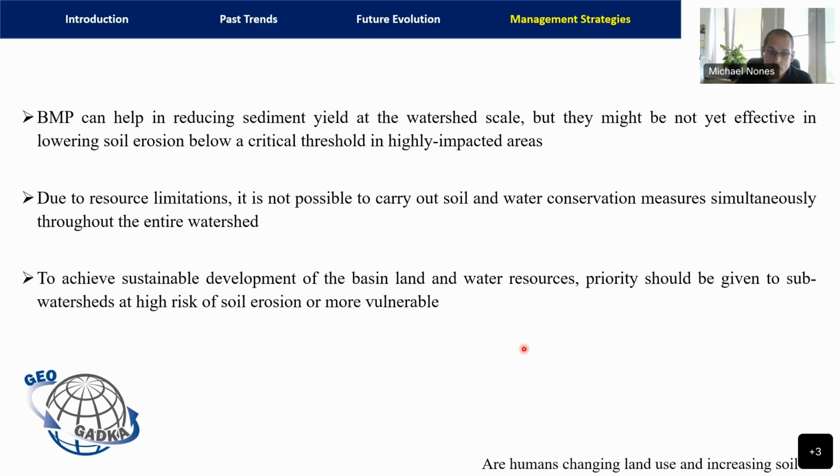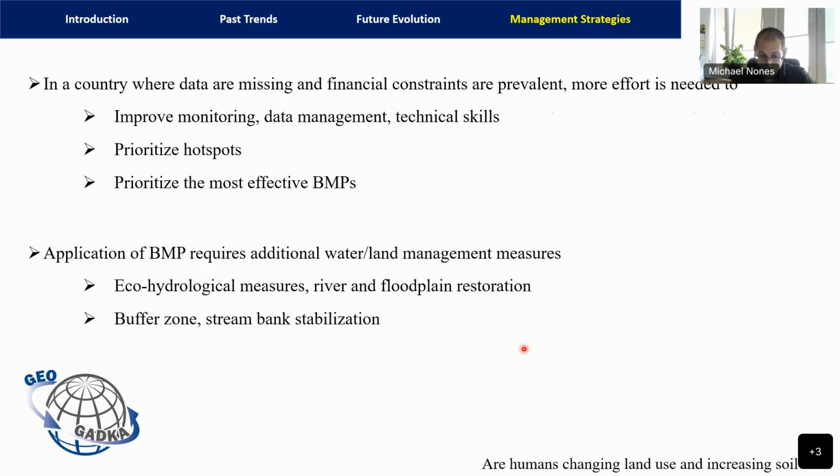So it should be considered that we have to prioritize some actions. For example, we need to first study the different management practices and where they might be more effective, to prioritize these areas, those soil erosion hotspots, and implement very specific management practices. But this can be done only by having reliable data, which is also a major challenge.